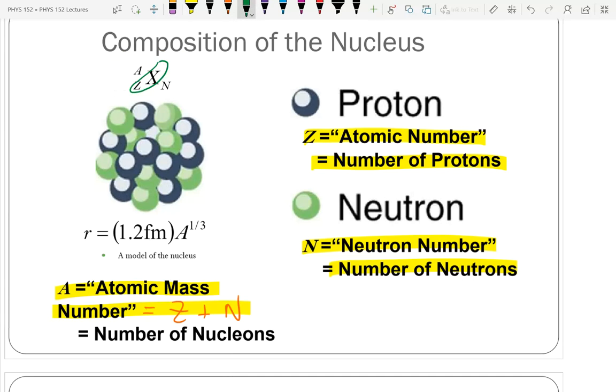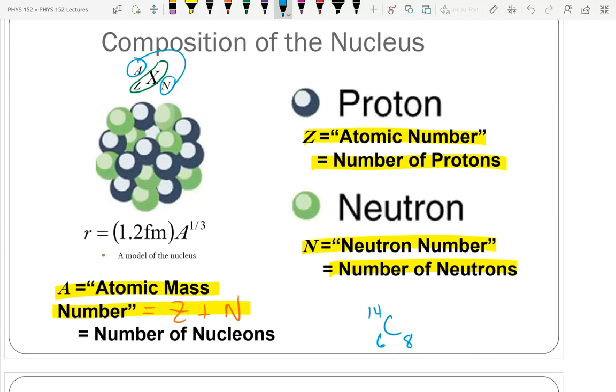And then if you have this, you'll automatically know what that is, if you know what Z is. So oftentimes, we will only show the symbol and one number. So for instance, we'll talk about carbon-14. Technically, carbon-14 is 14, 6, 6 plus 8 is 14, right?